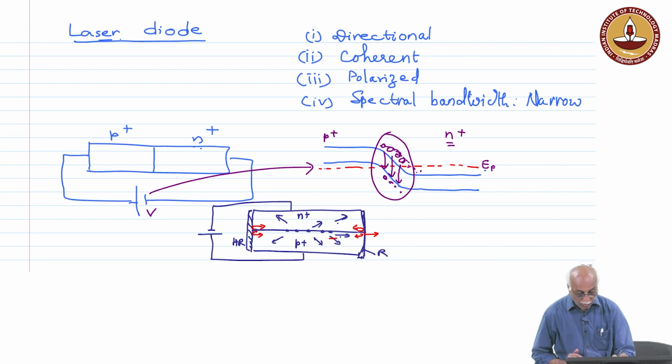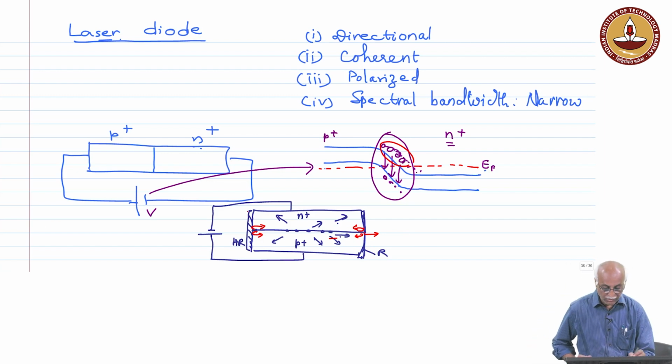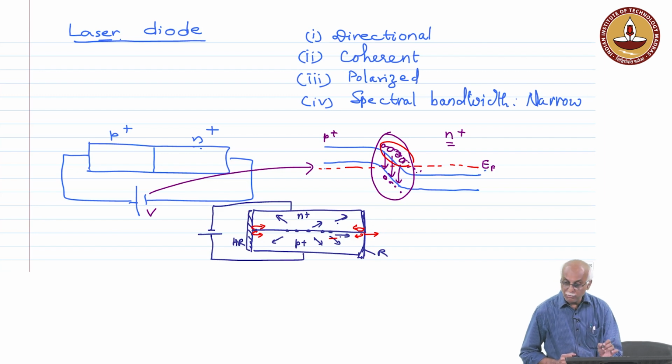However, the photons which are travelling back in this direction are seeing a very large gain, wherein the population of electrons, as compared to the spontaneous emission, is so large. So these photons will see this as a part of the stimulated emission. So not spontaneous emission, stimulated emission.